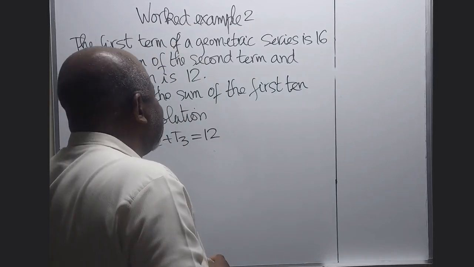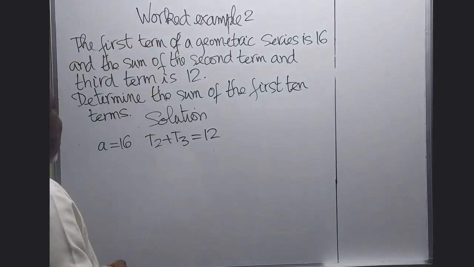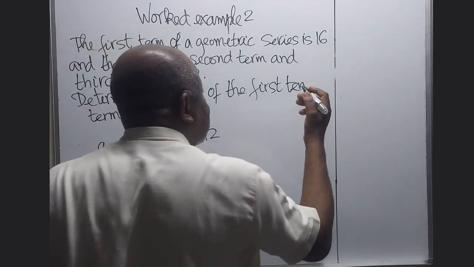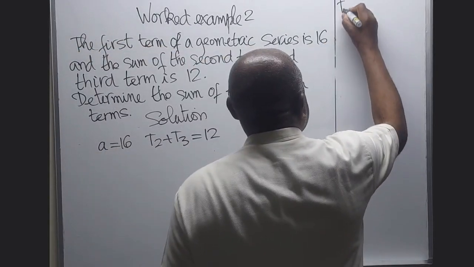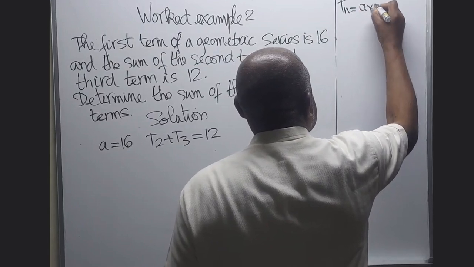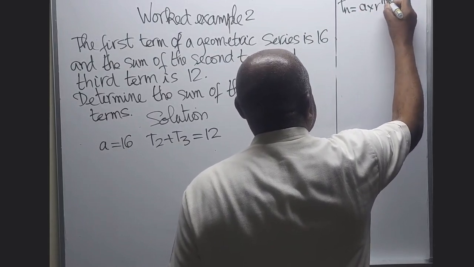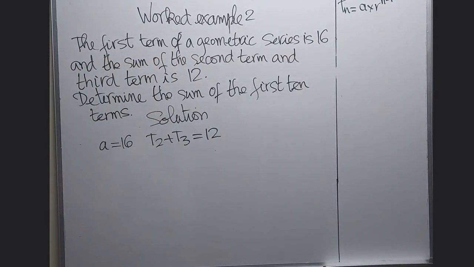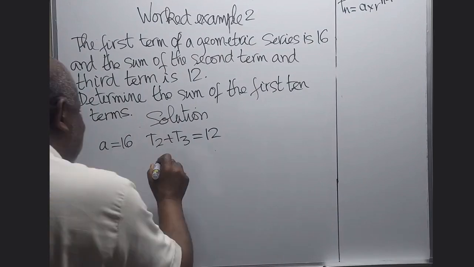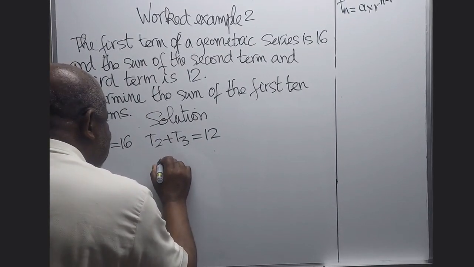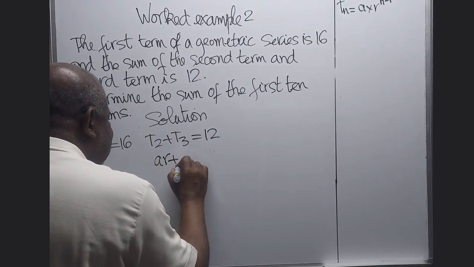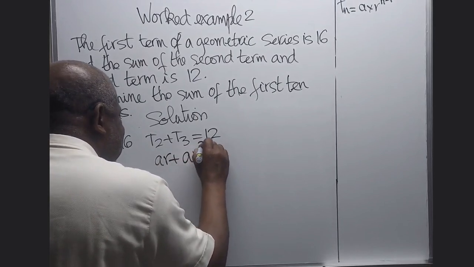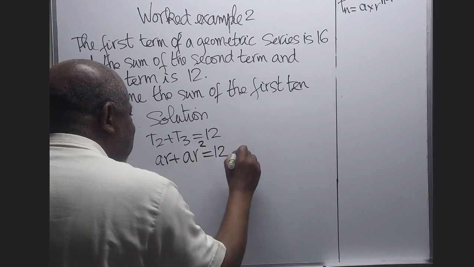I'm going to replace, here we know the formula, let me remind it always. Tn is equal to a times r to the power of n minus 1. So T2 means ar plus T3, ar squared, is equal to 12.